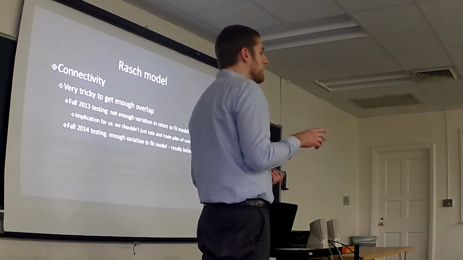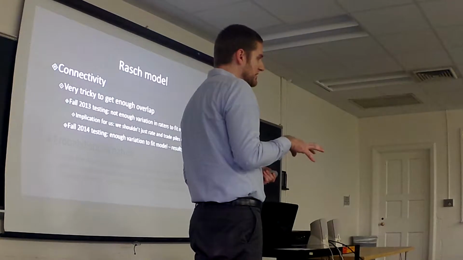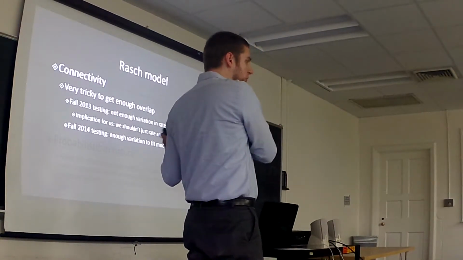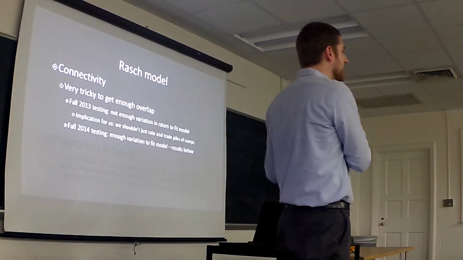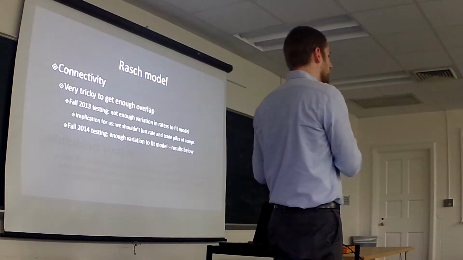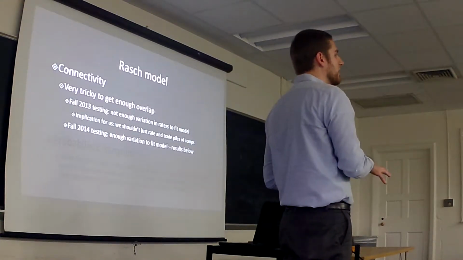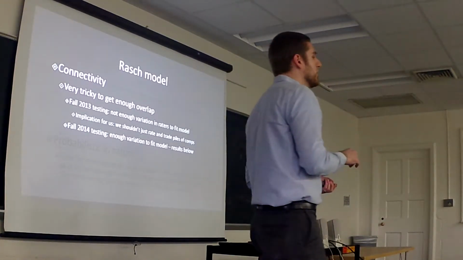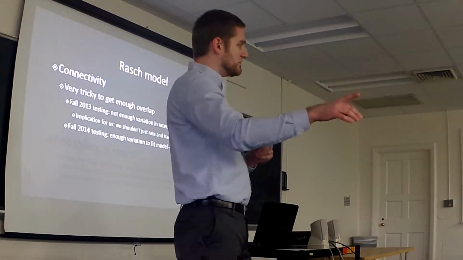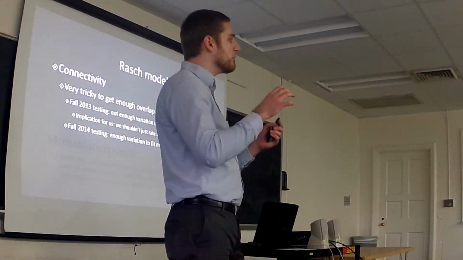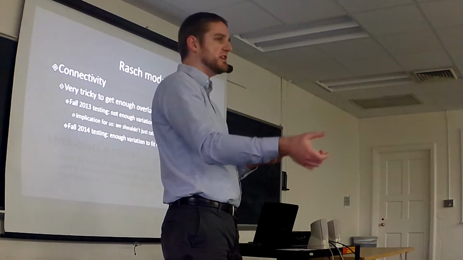So the angle that I took was not, I mean, there was sufficient data to fit the model to look at the difficulty of the tasks, and there were 4 tasks. But the problem I was trying to mention is that there were too few students on those particular tasks.